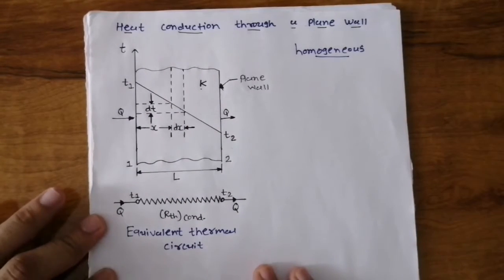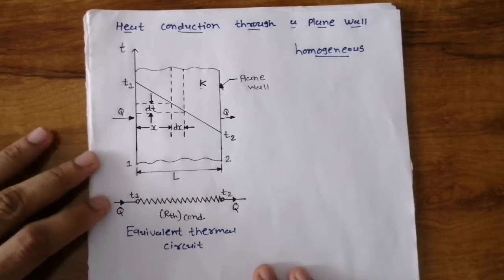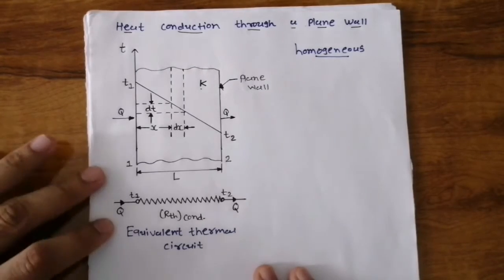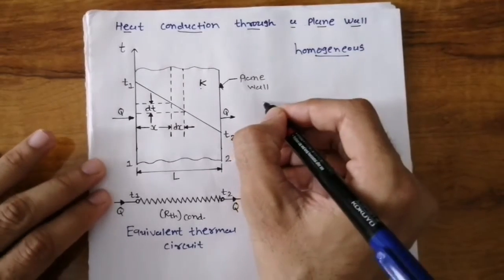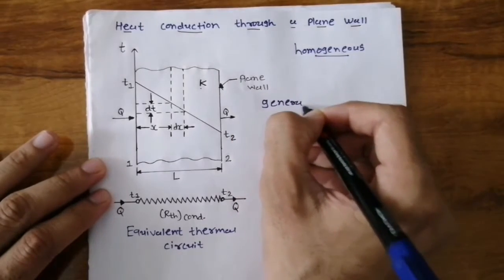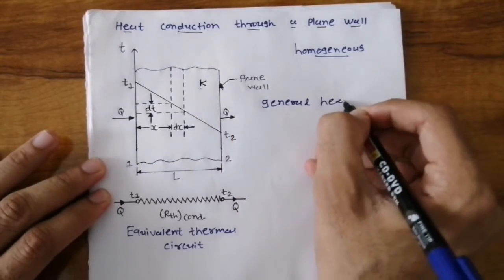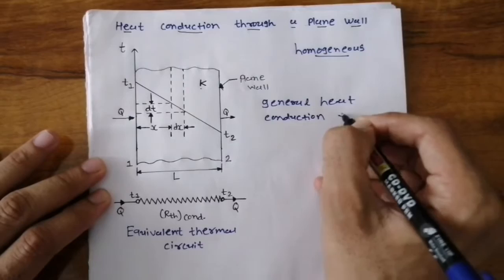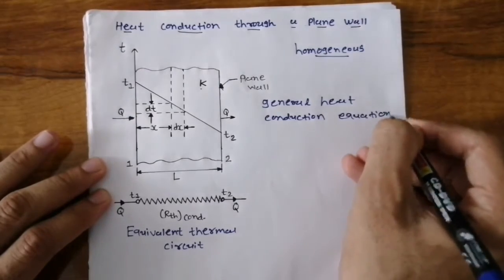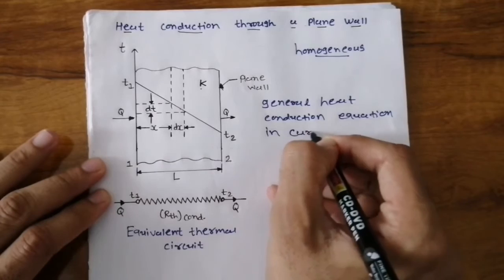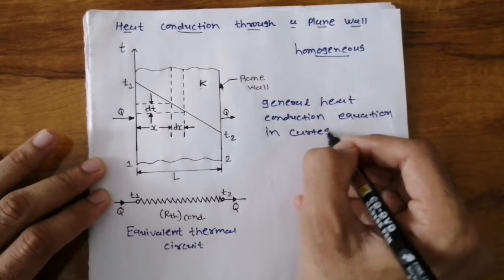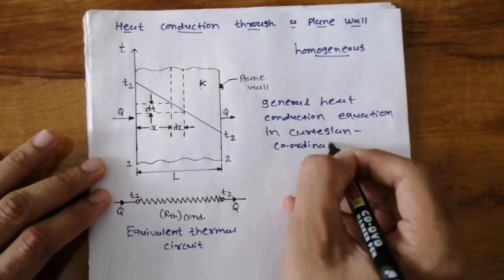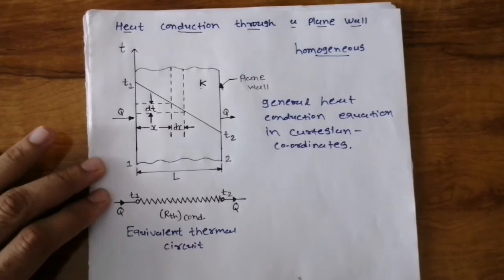Initially we consider the general heat conduction equation in Cartesian coordinates. We already derived the general heat conduction equation in Cartesian coordinates in the previous lecture.